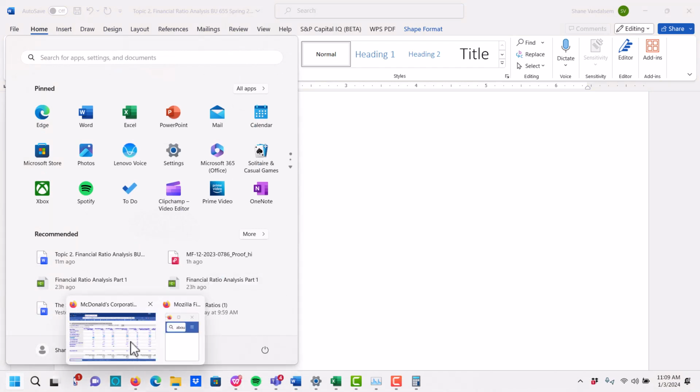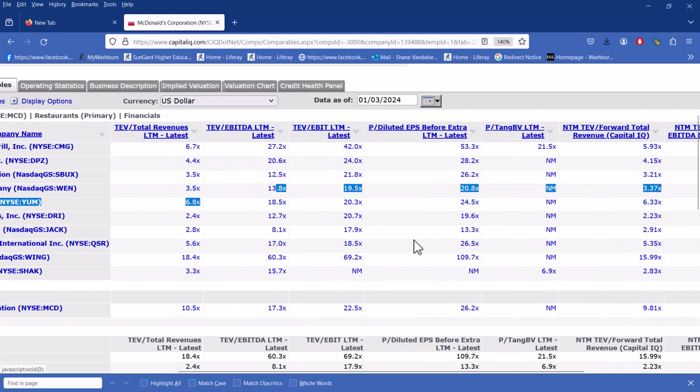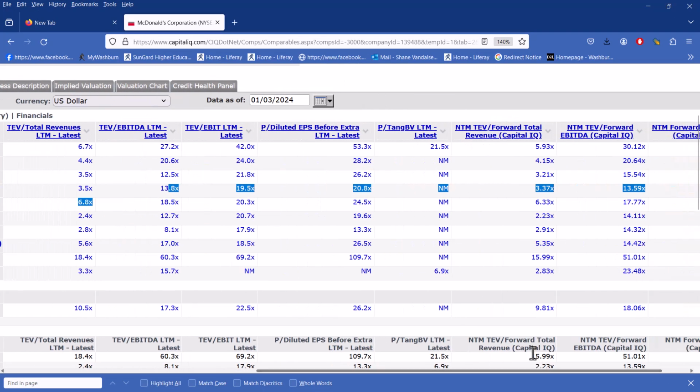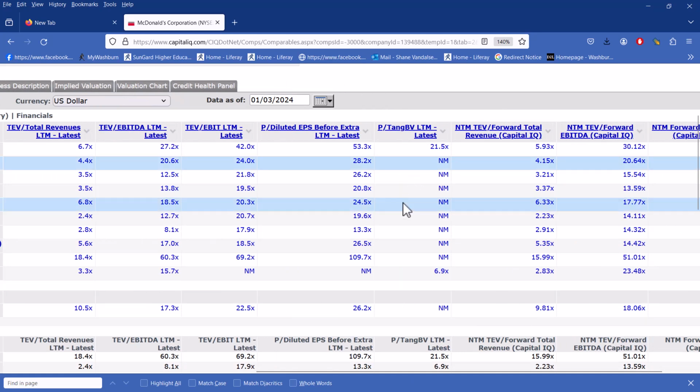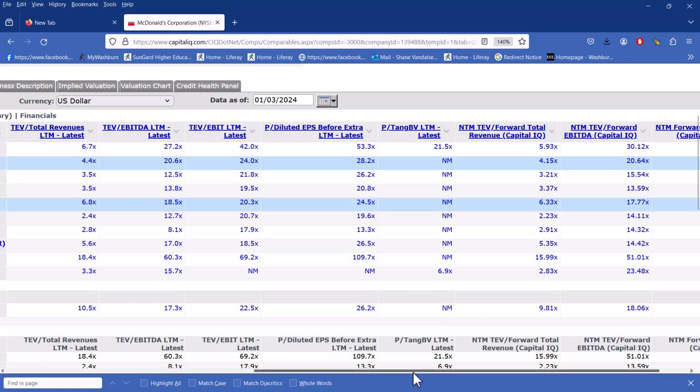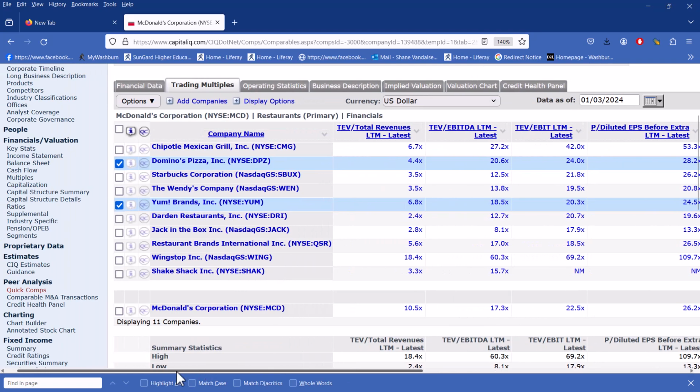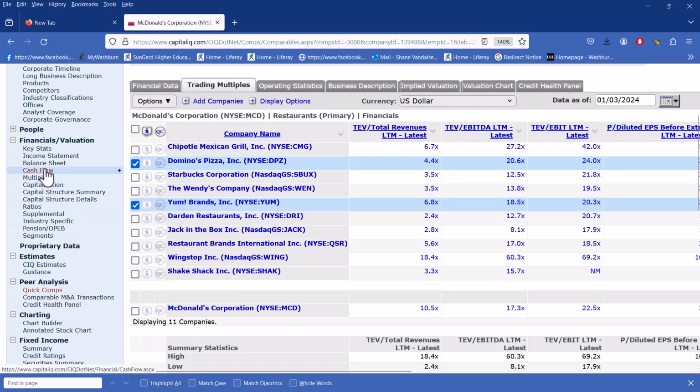So let's go out here and let's take a look at the market to book ratios for McDonald's. So the price to tangible book value, that's what we're going to look at here. So you see all these NMs, and this is an interesting problem because this is due to stock repurchases. We'll go out here to McDonald's balance sheet.